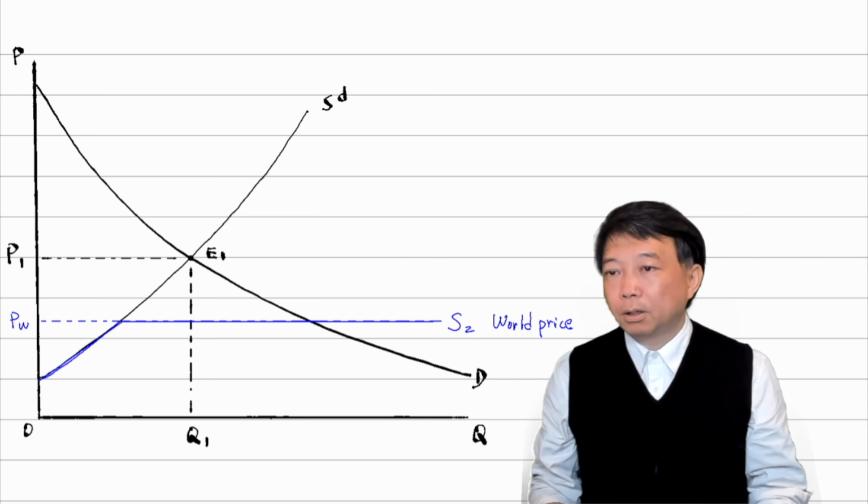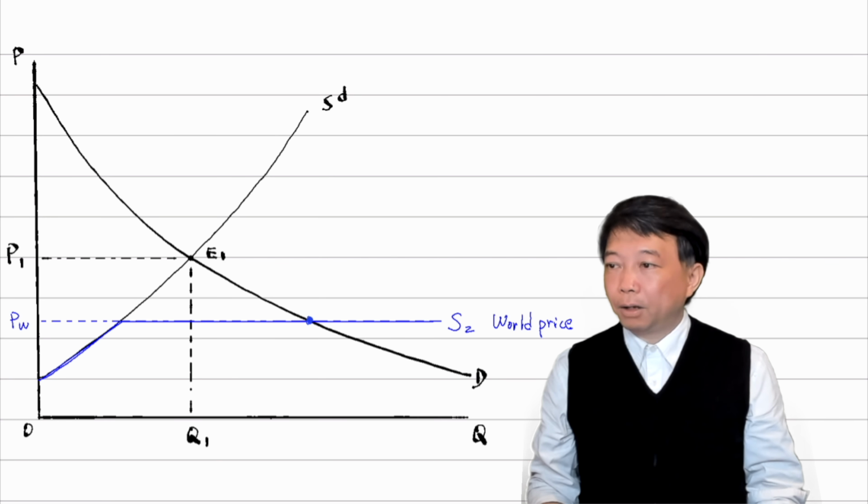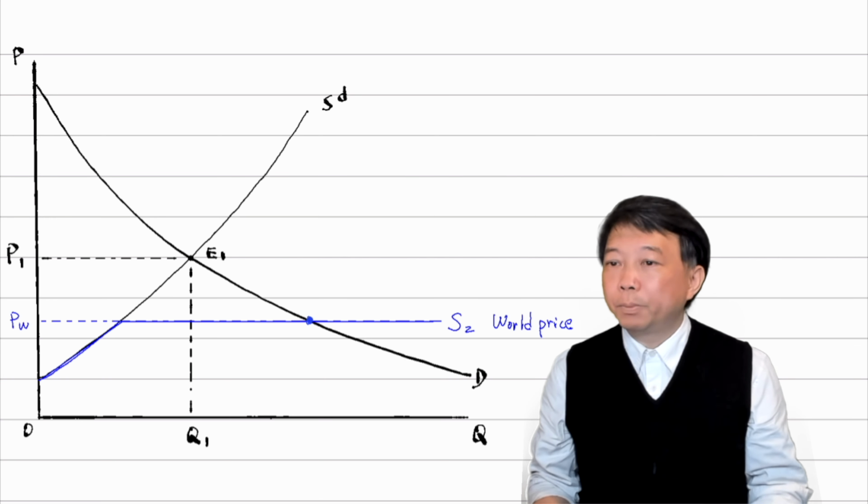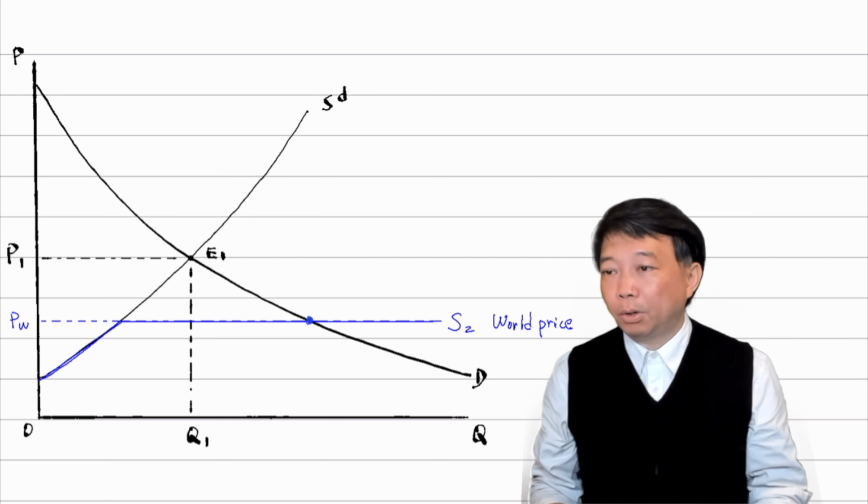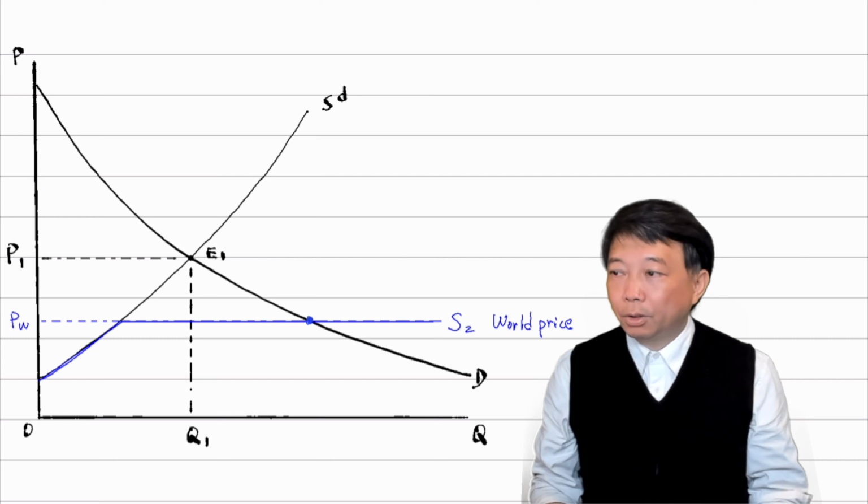The first part coincides with the domestic supply curve. The second part is horizontal at the world price because crude oil starts to be imported into the country at this price, and we assume that the world supply is completely elastic.